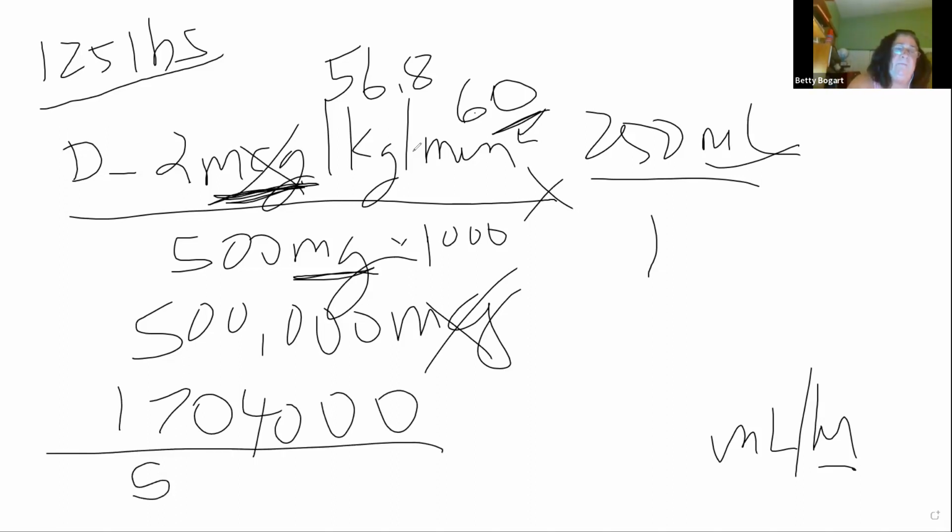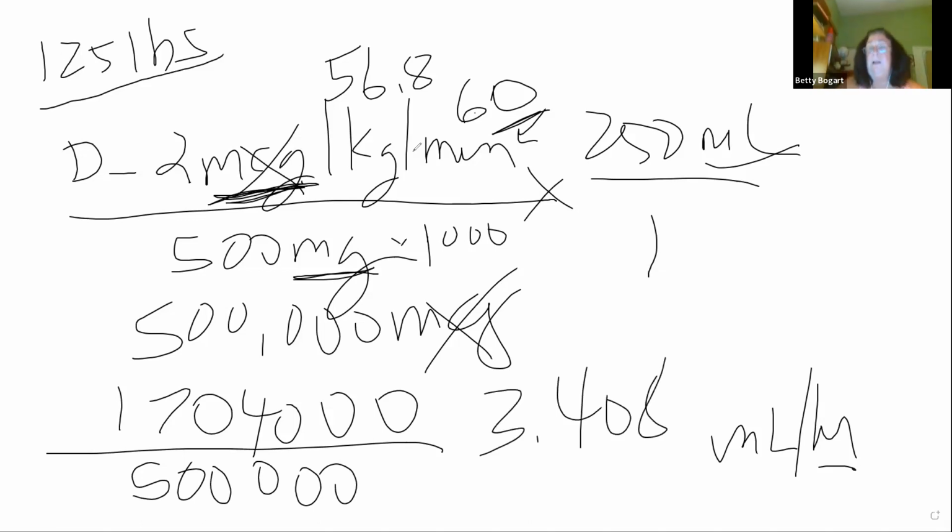And we'll divide it by what we have, 500,000. And our answer is 3.408. Again, this one doesn't have it, but our answer would be 3.4. It doesn't ask to go to the 10th or whatever.